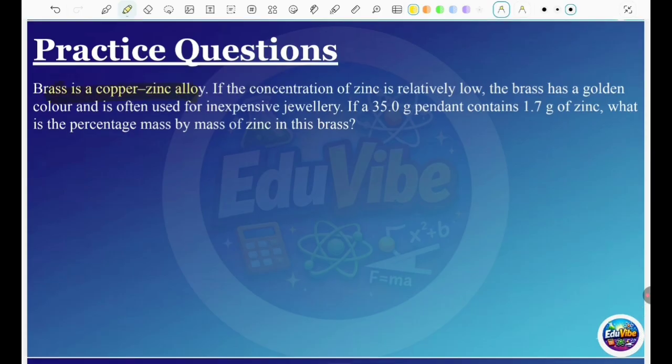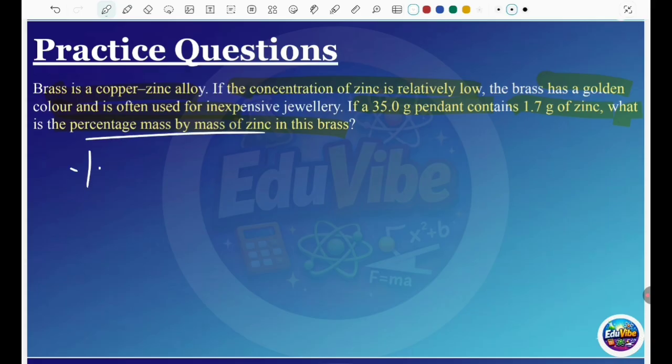Brass is a copper zinc alloy. If the concentration of zinc is relatively low, the brass has a golden color and is often used for inexpensive jewelry. If a 35.0 gram pendant contains 1.7 gram of zinc, what is the percentage mass by mass of zinc in the brass? So you have to find the percentage mass by mass.